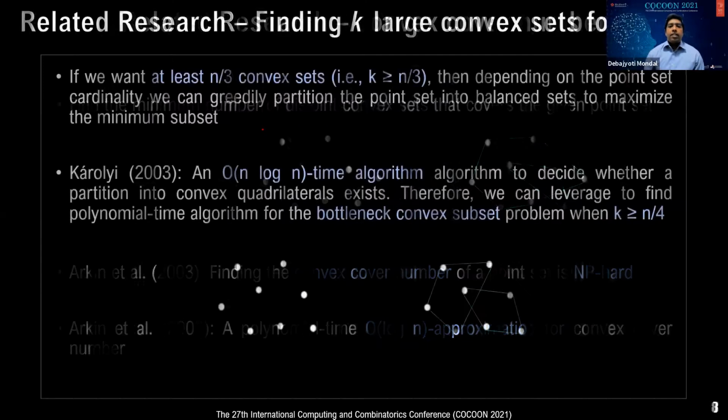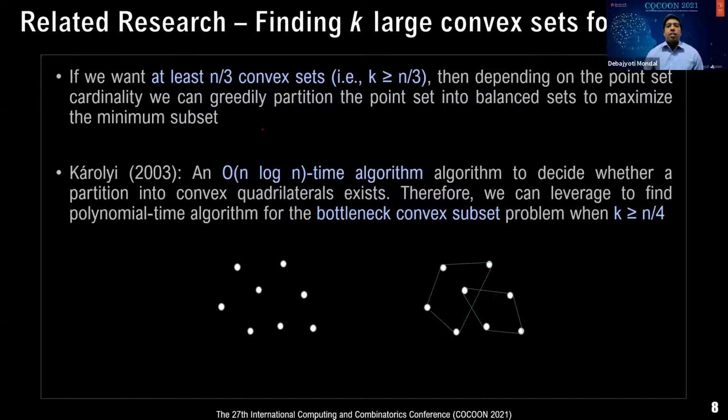Now there are some more research results for large K. If we have a point set of n points and we want to find n over 3 convex sets, then it is easy because based on the cardinality of the point set, we can partition it equally with 3 points each or 2 points each. This reduces to some case analysis and we can solve the problem.